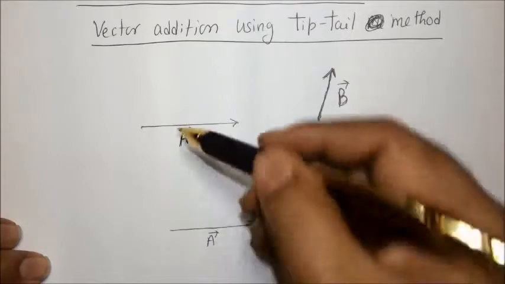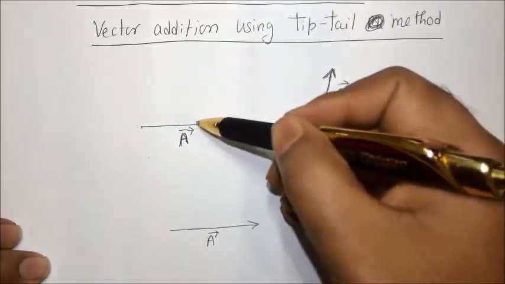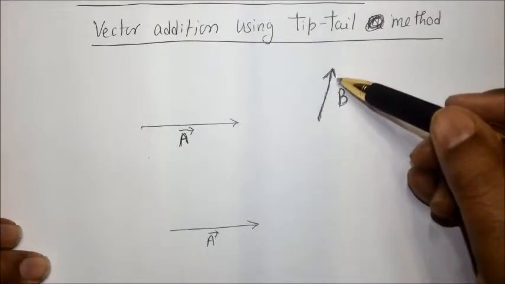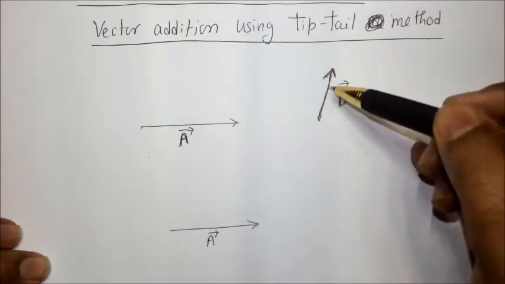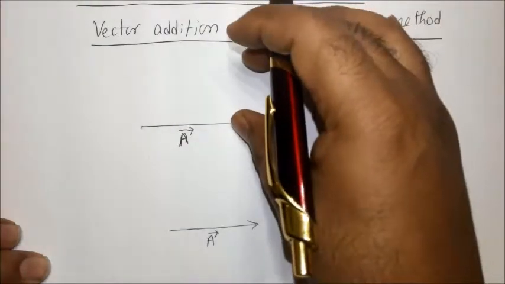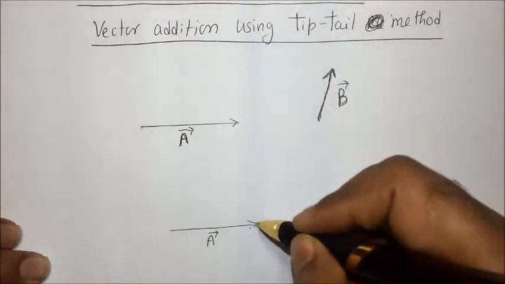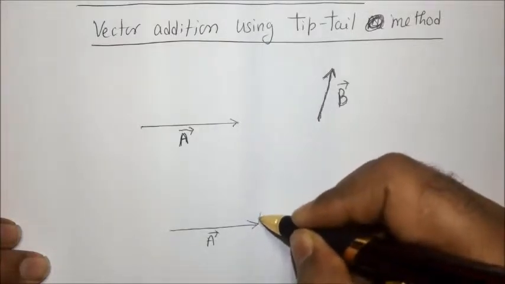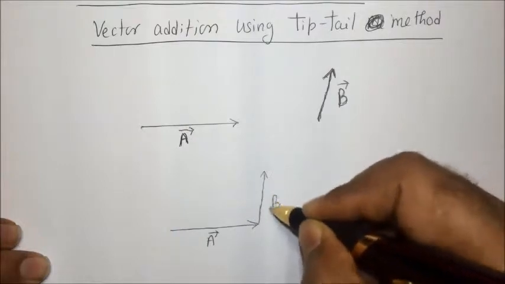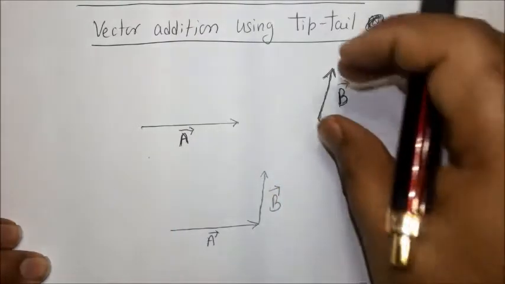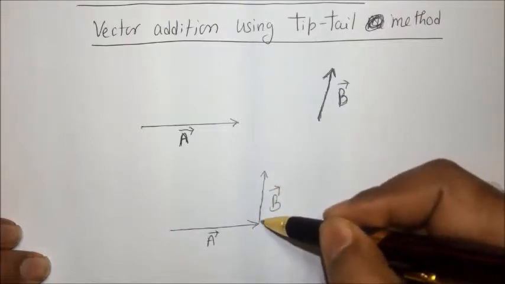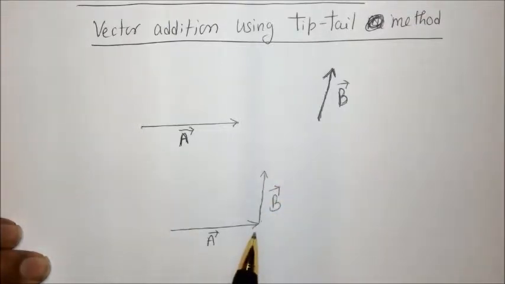This A should be exactly the same length and same direction as this vector. Then draw vector B, or you can drag vector B over here. In other words, you draw vector B exactly the same way. Okay, so you slide this over, in other words, you put the tail of vector B on the tip of vector A.